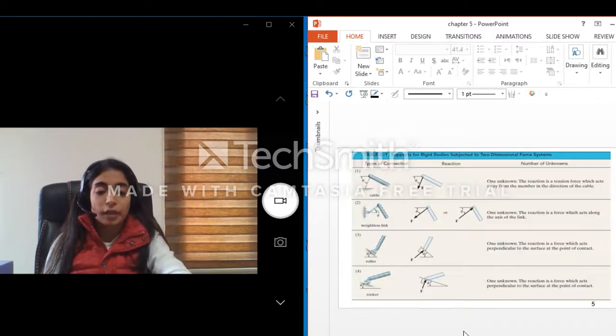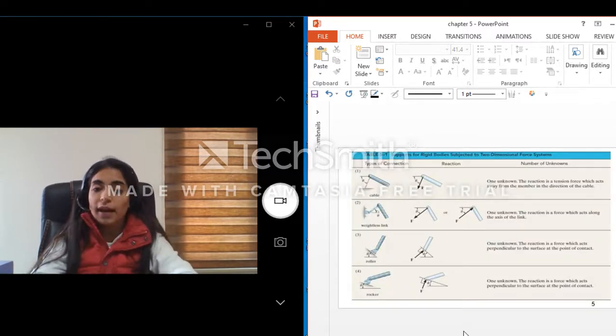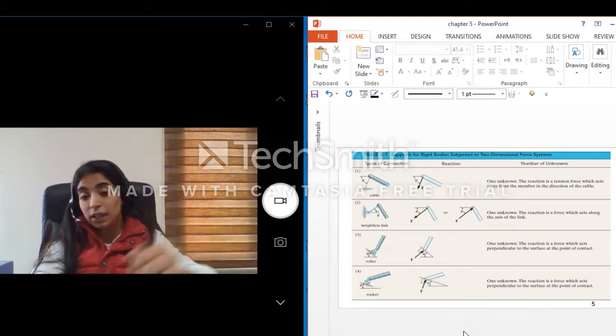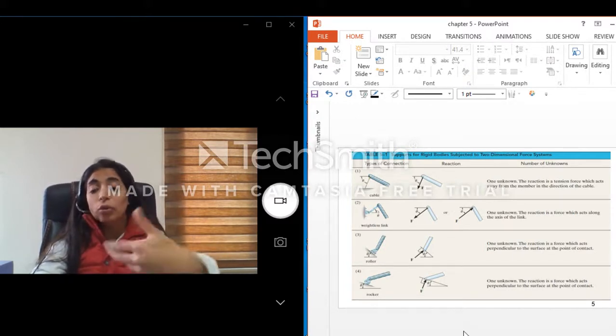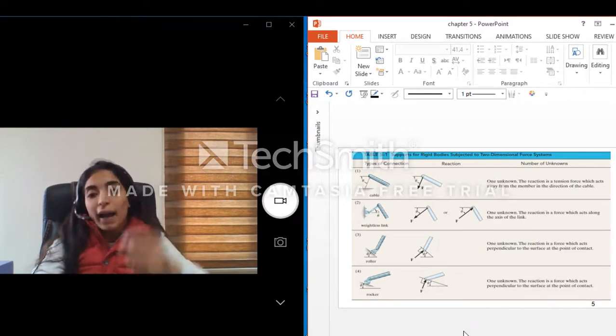Okay. Now guys, you should know that I can also have different other types of connections or of supports. Some of them are very familiar, like the cable or the rope. I know, guys, that if I have a cable or a rope that is holding anybody, the reaction or the force developed in this cable or in this rope will be along this rope.